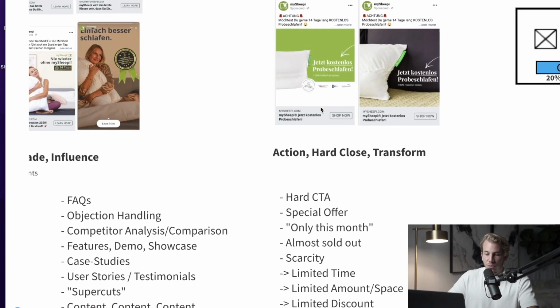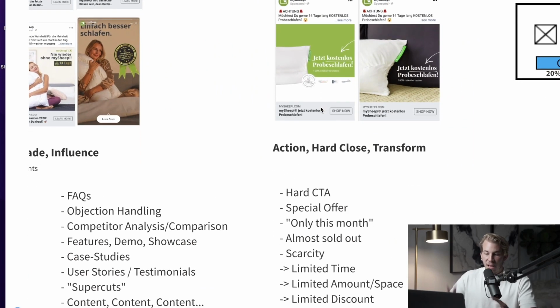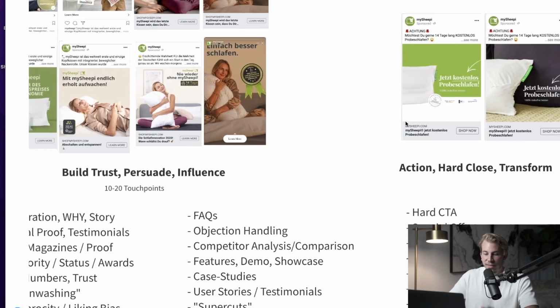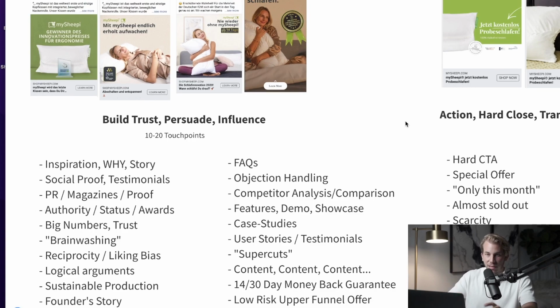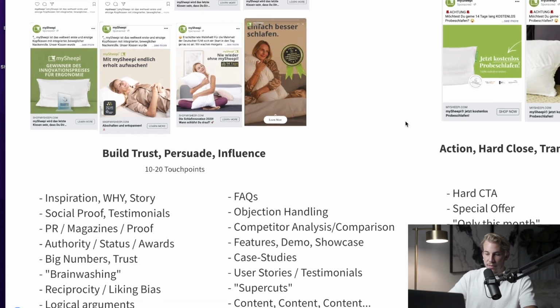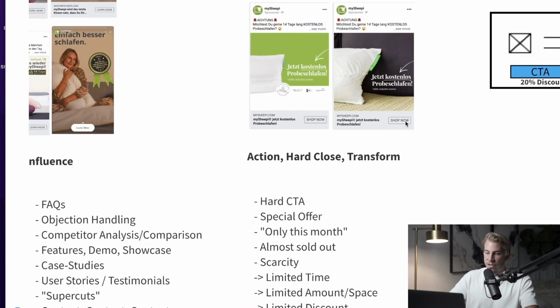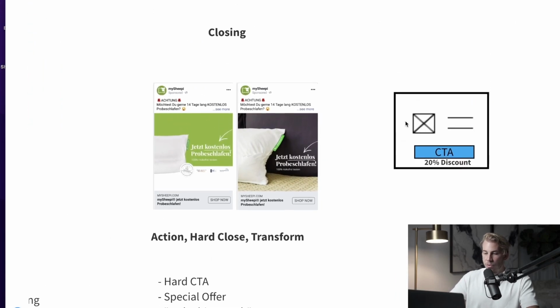And this is when you can run harder closing call to action ads onto this audience. When we talk about the different performance marketing channels like Facebook ads, Google ads, YouTube ads, I will tell you exactly how you need to set up these campaigns. But right now we're just in the sales funnel strategy, so it's a bit broader overview.